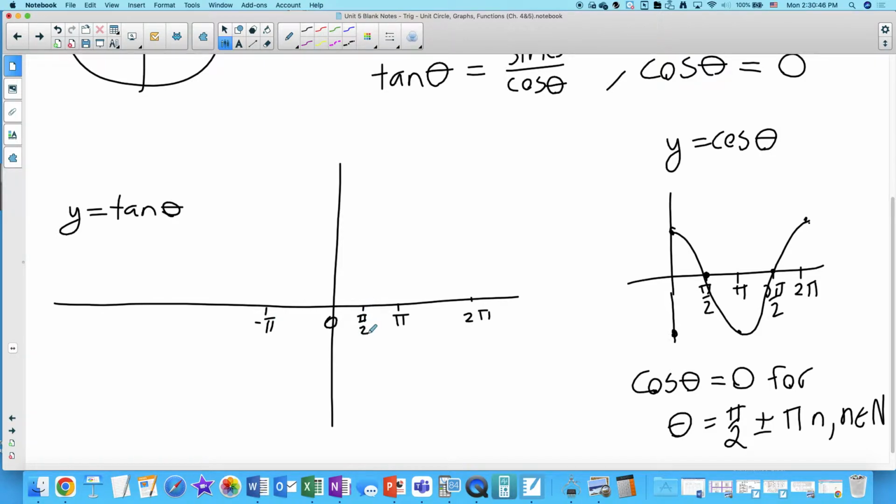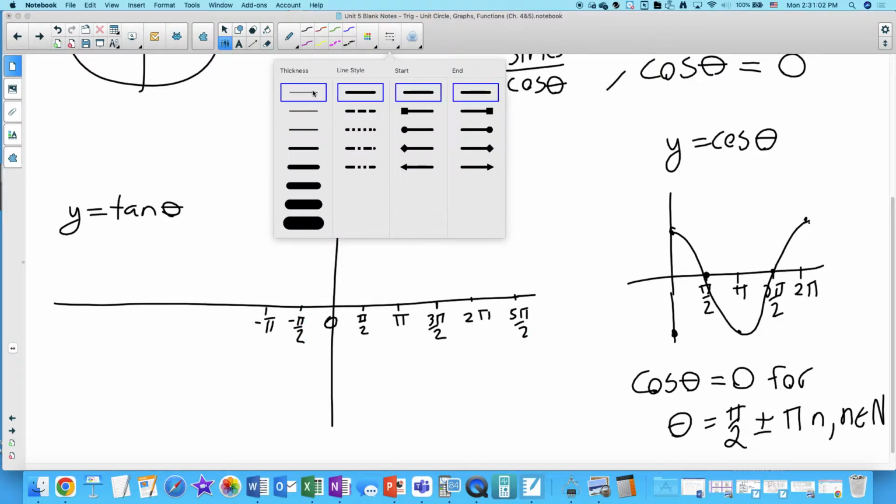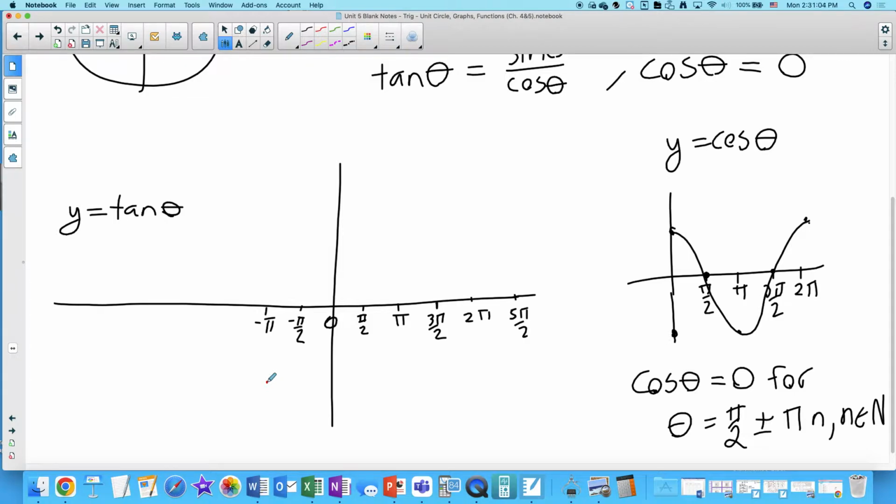Pi over 2 plus pi is 3 pi over 2. Here's 5 pi over 2. I'm going to have some asymptotes there. This would be negative pi over 2. So whenever cosine theta equals 0, I'm dividing by 0, and I'm going to get a vertical asymptote on my tangent graph.